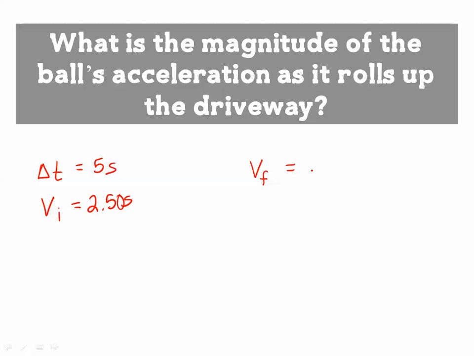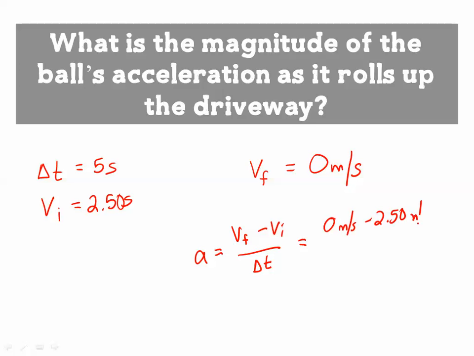Anytime you see rest in a problem, that's going to mean 0 meters per second because it's not moving, it's staying still. So my acceleration is going to equal my final velocity minus my initial velocity over my change in time. This is going to be 0 meters per second minus 2.50 meters per second over 5 seconds.